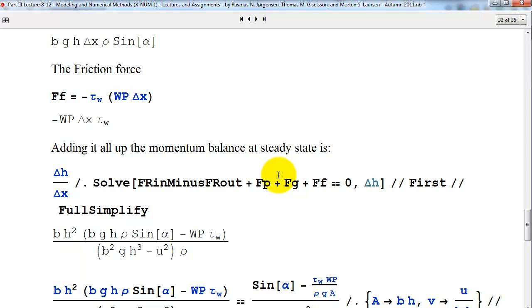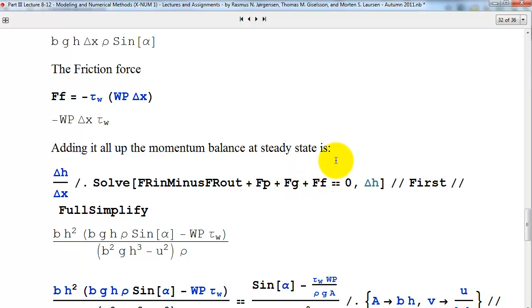So now we end up with the big solution, with hopefully the same as when it was done by hand, where you have flow in minus flow out. You have the pressure forces, you have the gravity forces, and you have the friction forces.